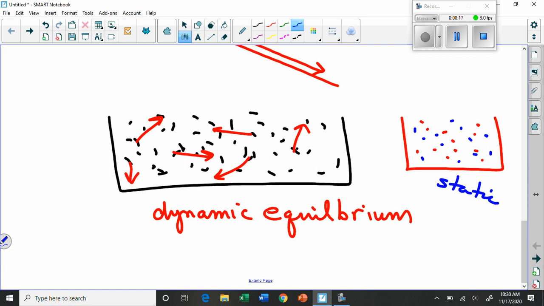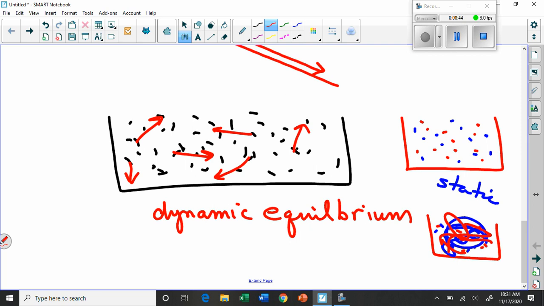But a dynamic equilibrium looks almost the same. What you have here are boys and girls, but they're not standing still. They're all milling about the room, moving. So there's constant swirling and moving of the boys and constant swirling and moving of the girls. But if you were to take a snapshot with a camera at any moment, it would just be evenly spread out all over the place.